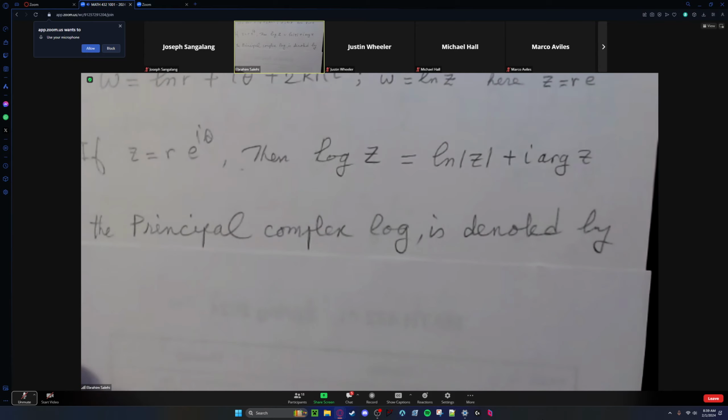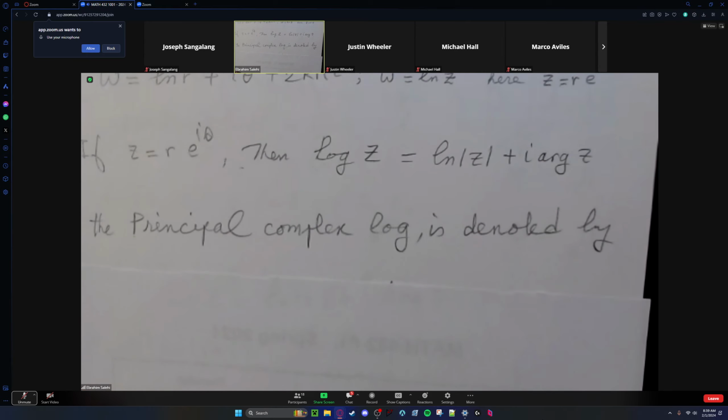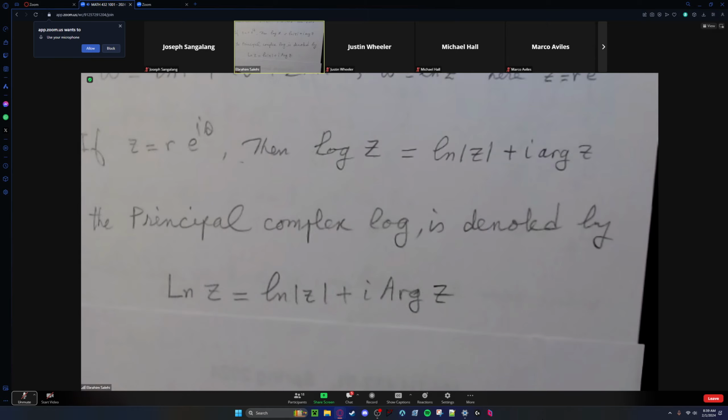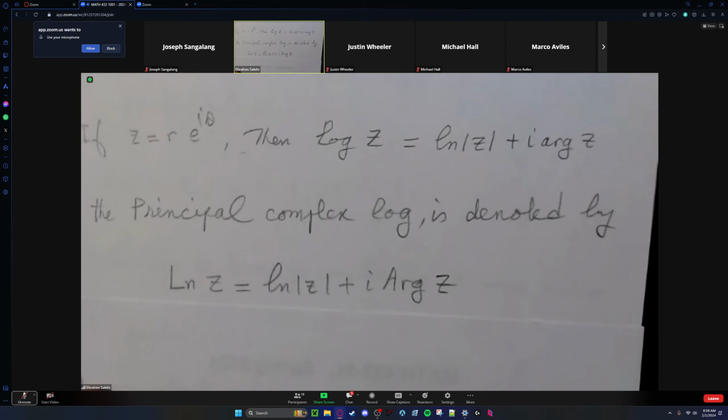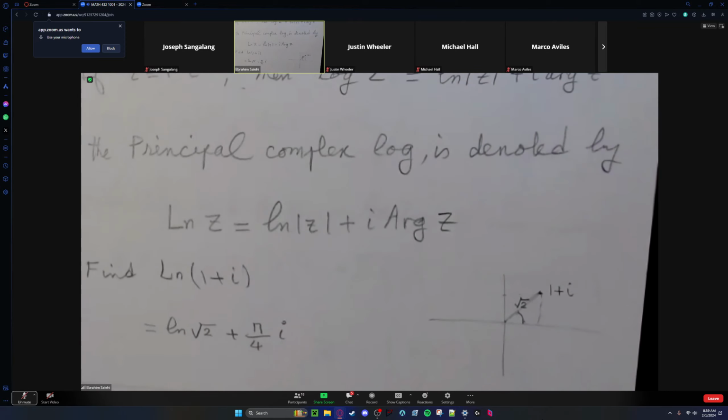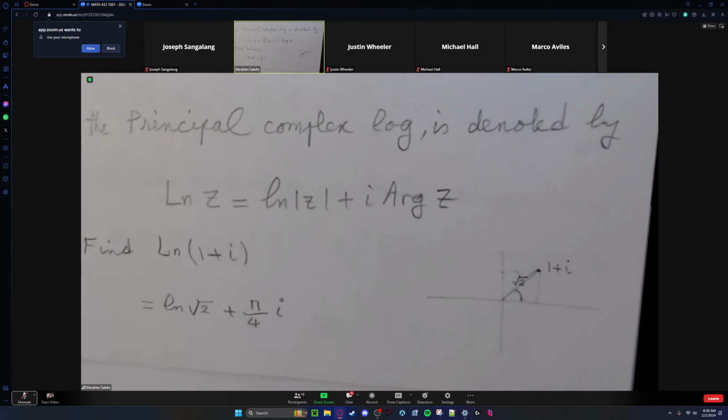And we call it the principal branch of complex logarithm, and we denote it by this uppercase L. So it is natural log of r plus i theta, theta being the principal argument. And I gave you a bunch of examples as to how to find logarithm in complex, all right?